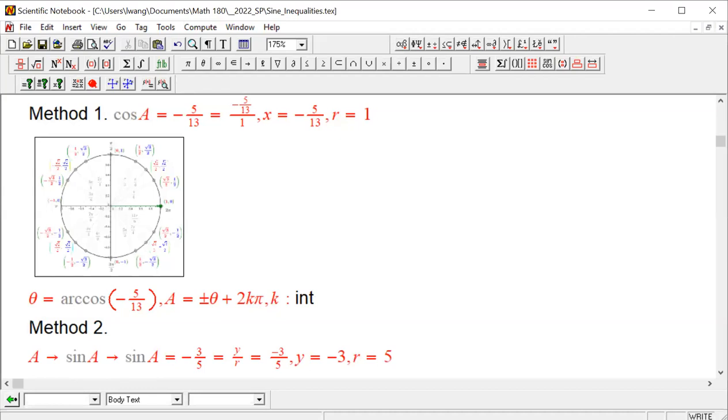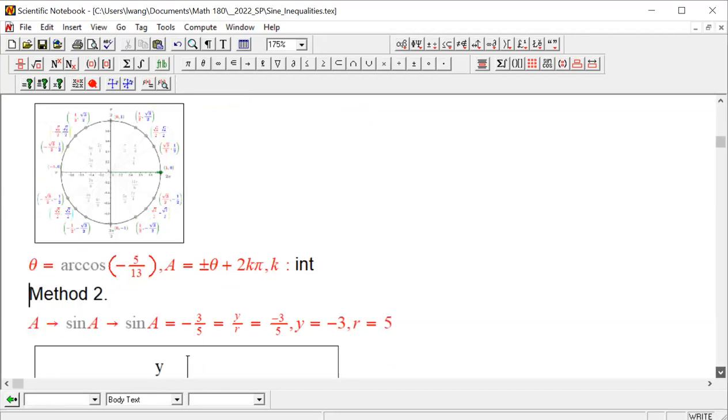Second method, I still want to do a second method here because I'm going to draw the picture. Of course, the rules are different here: cosine A, and the output is -5/13. The rules are different.